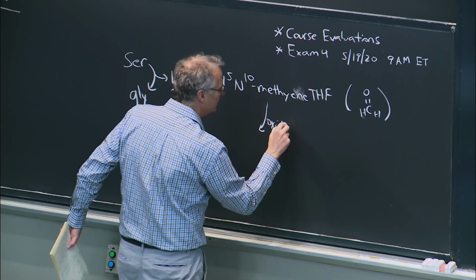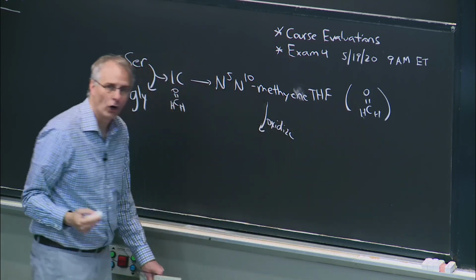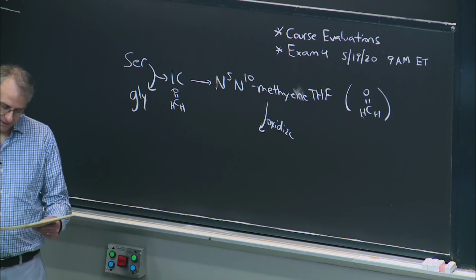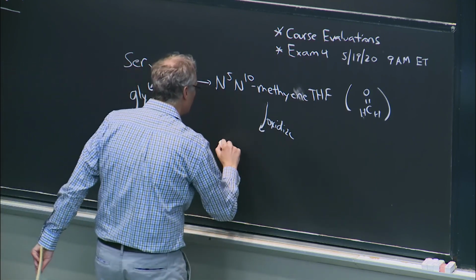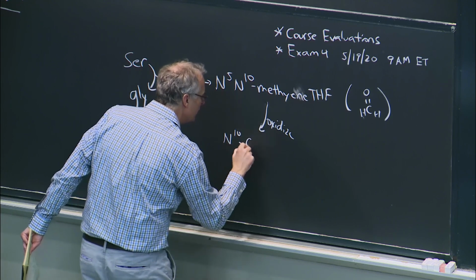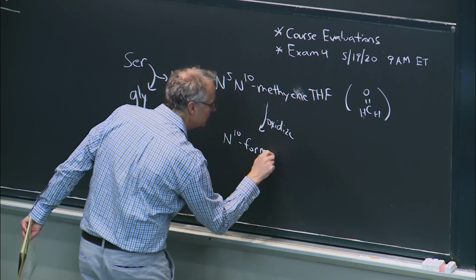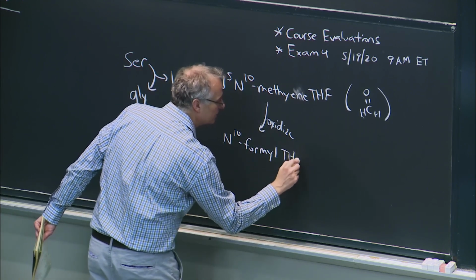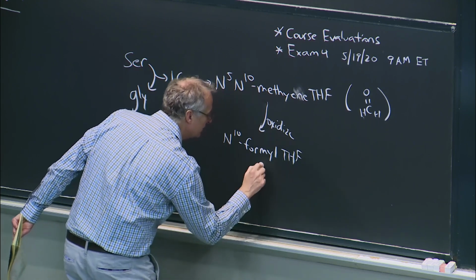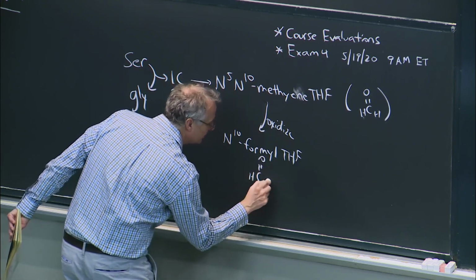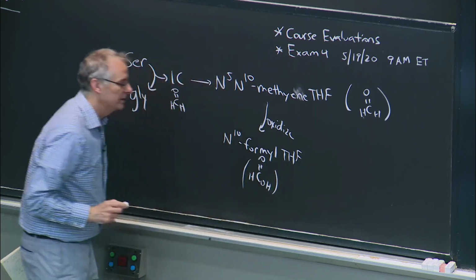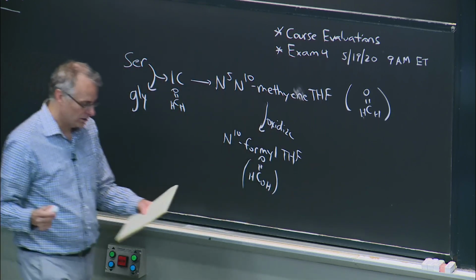And so if we oxidize that carbon from the aldehyde to the acid, now we end up getting the N10-formyl-THF, all right? So that's carrying the one-carbon unit as the acid, all right?